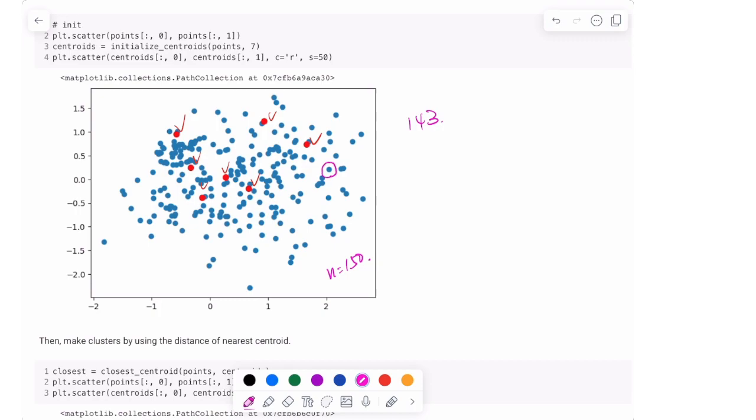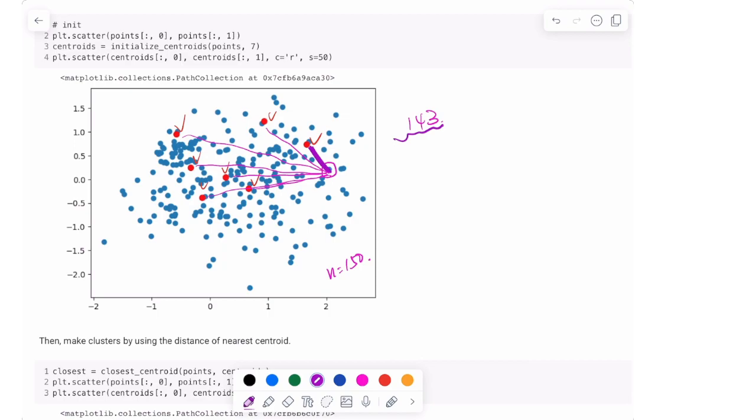You simply calculate the distance between it and the rest of the 143 data points, and you calculate the distance between the data point and these 7 data points you selected, the red data points. There should be one red point which has the smallest distance to the data point you selected right here. So you repeat this process among all the rest of the 143 data points.